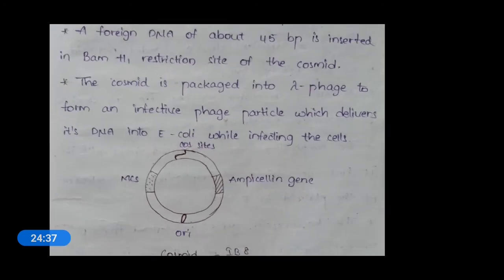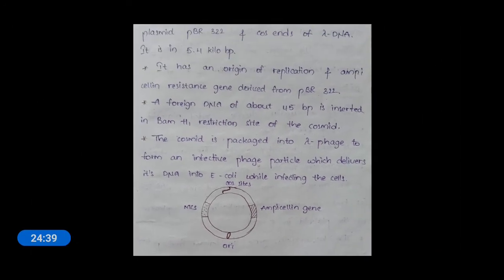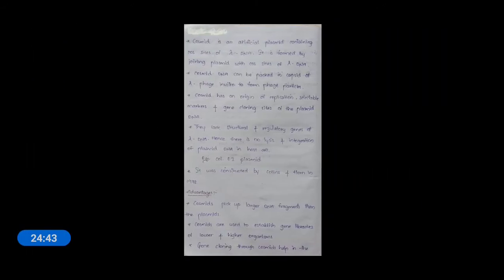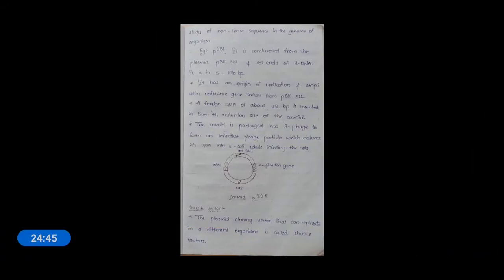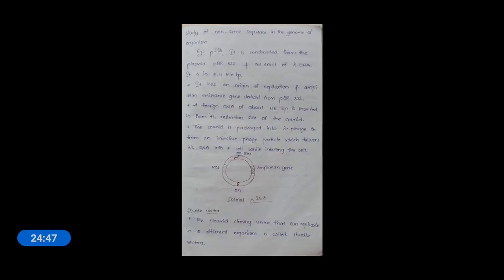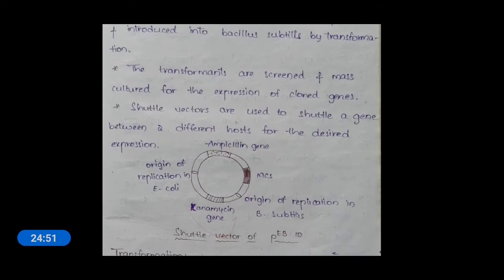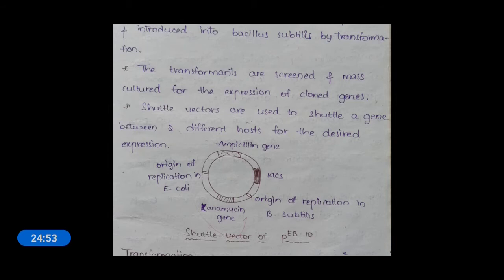If you see the diagram, this is the diagram of shuttle vector pEB10. Okay, it has two origin sites.